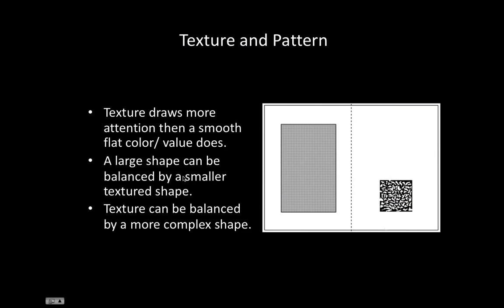Texture and pattern. Texture draws more attention than a smooth, flat value does. So if you look at here, this box right here is very texturized. That means this side needs to be bigger if it's going to be a flat color, a flat shape, to balance it out.